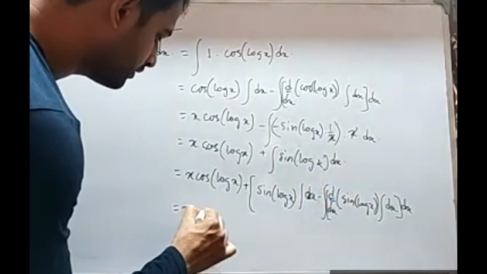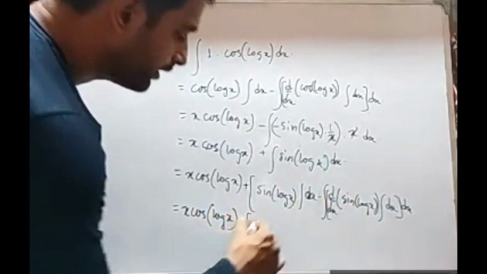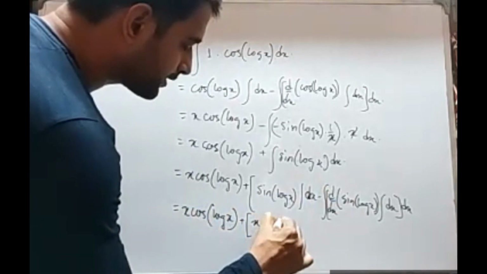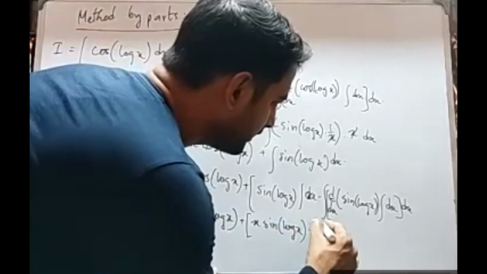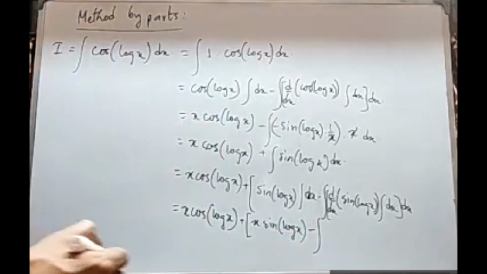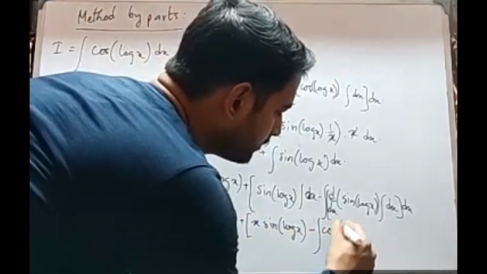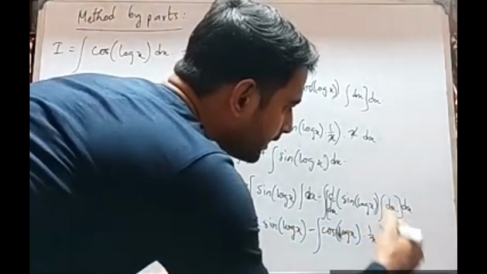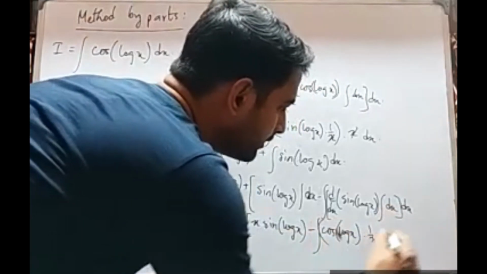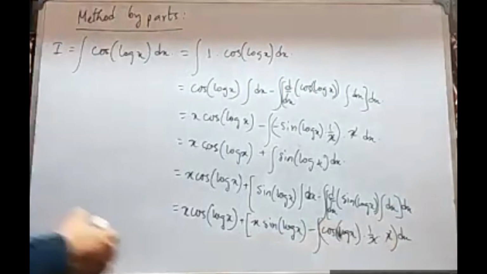So x cos log x plus x sine log x minus derivative of sine log x. So derivative of sine is cos log x into derivative of log x, so 1 by x into integration of dx, so it is again I. Now it is coming as I. The x are cancelling out.